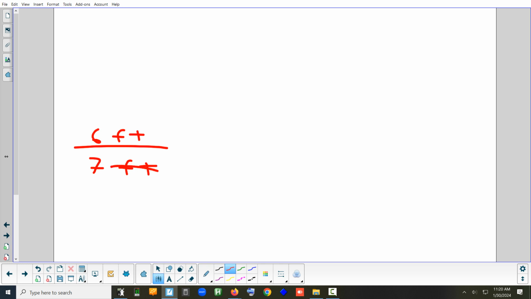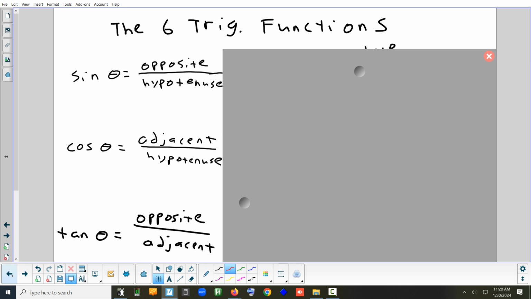The feet cancel out, and all you're left with is a pure number that has no label. That's how trig functions work. When you take the length of the adjacent and divide by the length of the hypotenuse, you get a number that does not have a label. It's just a number. It's not degrees, it's not radians, it's not feet, it's just a number.